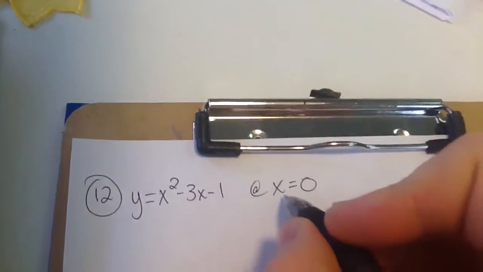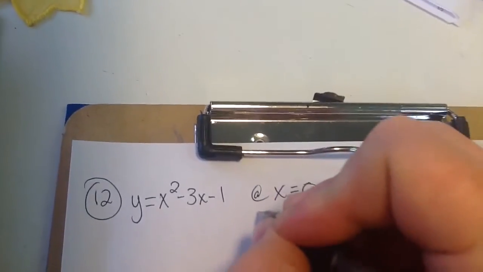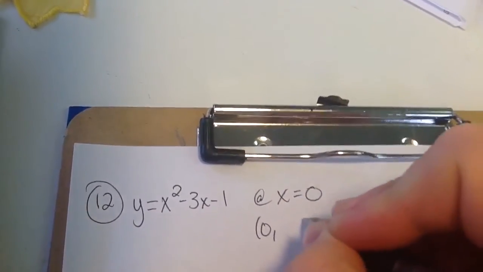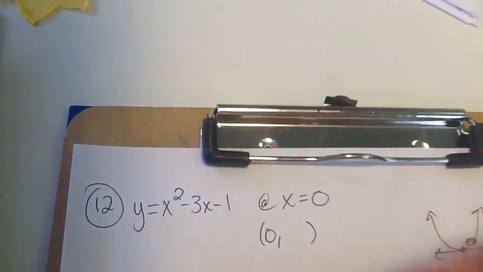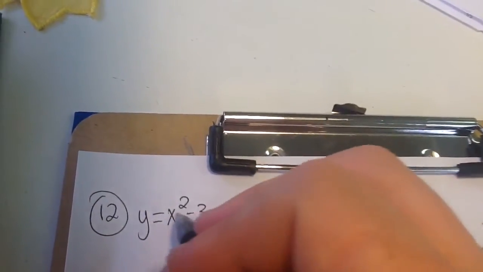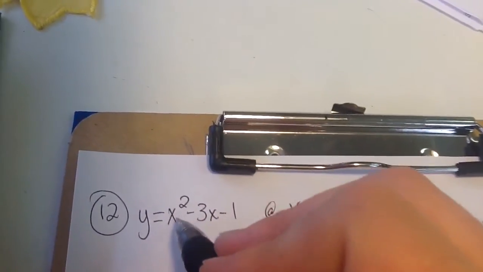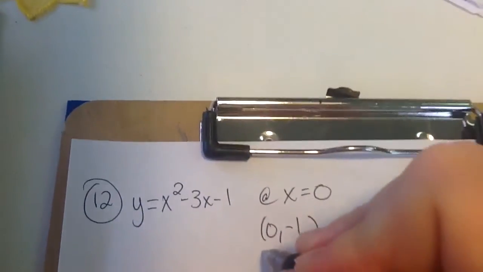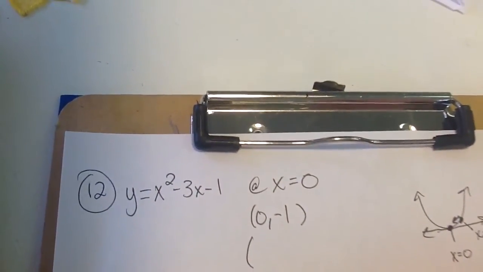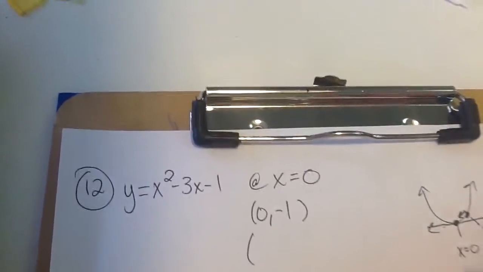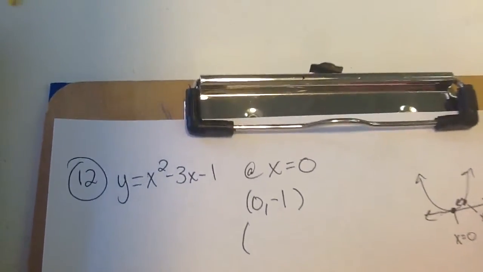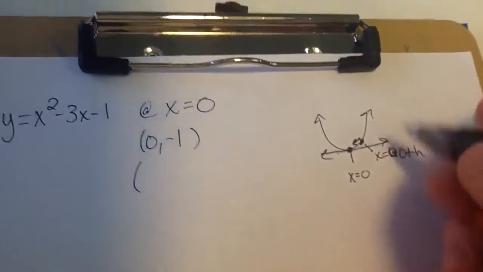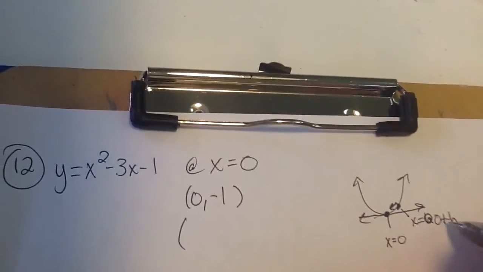So if we do that here, we've got to figure out what our 2 points are. We're going to have 0, comma, something. This point right here is 0, and I just use the function, plug it in: 0 minus 0 minus 1, negative 1. And the other point I'm going to use would be 0 plus h, like I said over here, just some point to the right of that.